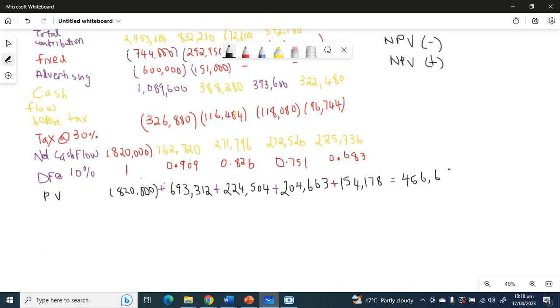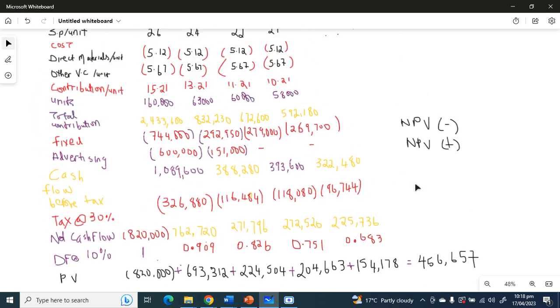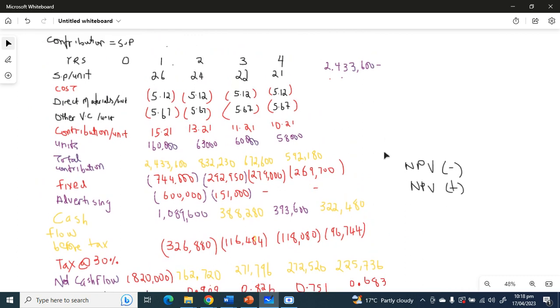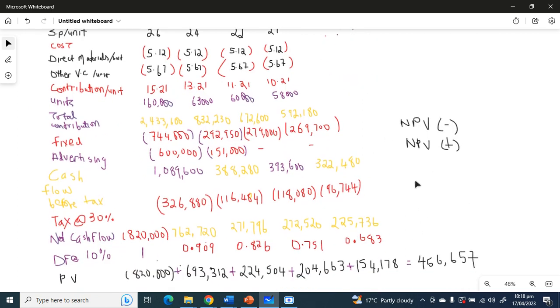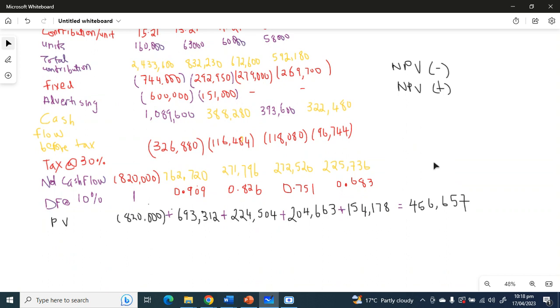So as director of finance, you can gladly accept this project. But remember, as we learned in business environment, business is uncertain. We might not even get these sales we're expecting. These are just estimates.